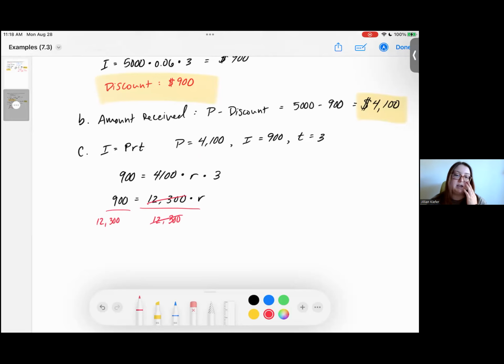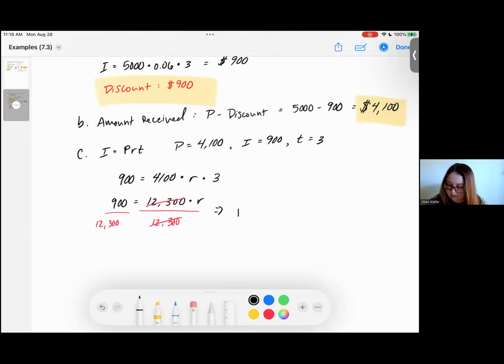So these values will cancel. We get that R is 900 divided by 12,300. So we go in our calculators, we find what this value is equal to.